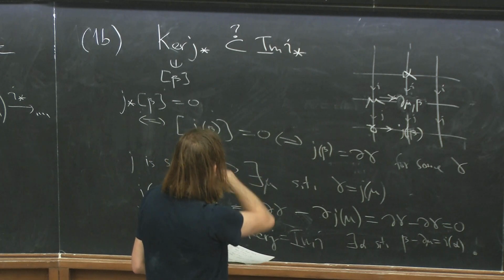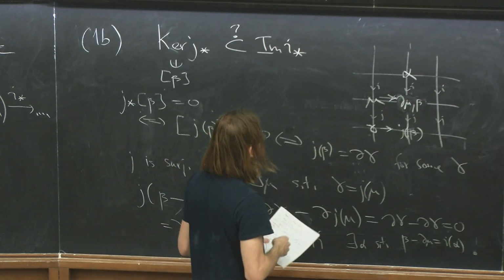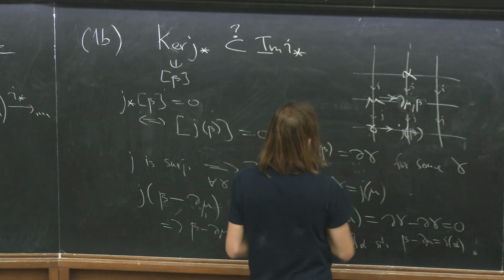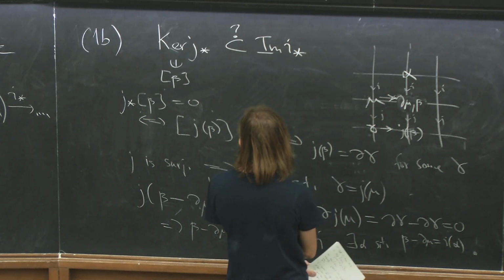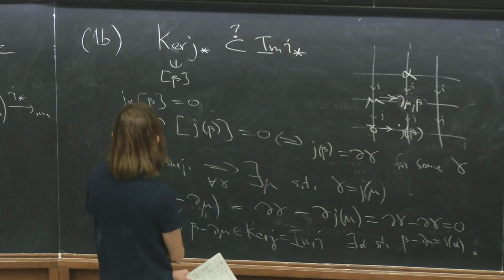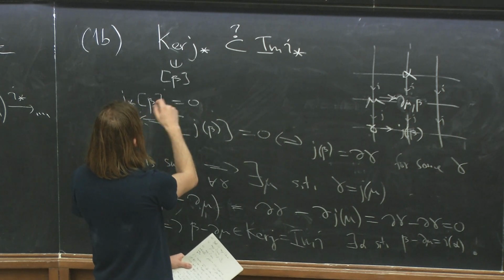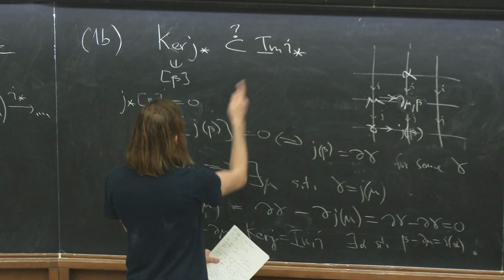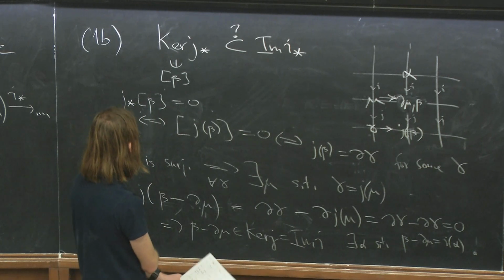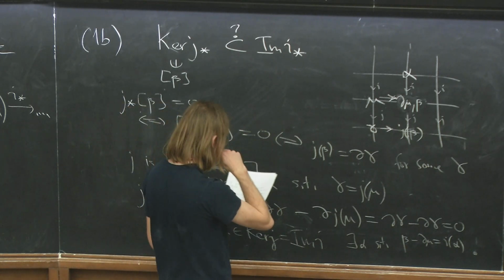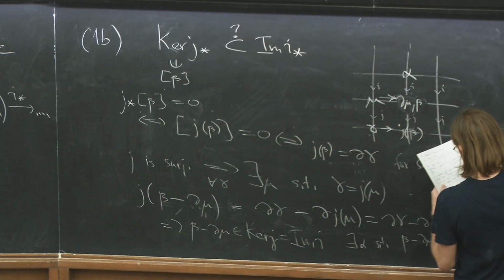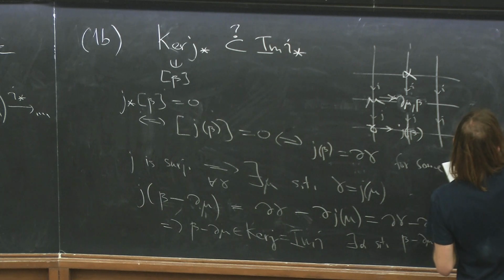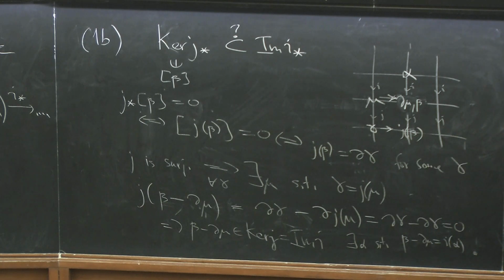Okay, this alpha we will use. The idea is to use this alpha to show that it will represent a class which is a preimage of this beta under I star. And this will show that this class of beta is indeed in the image of I star. So how exactly does this work? Well, let's first consider I of d of alpha.